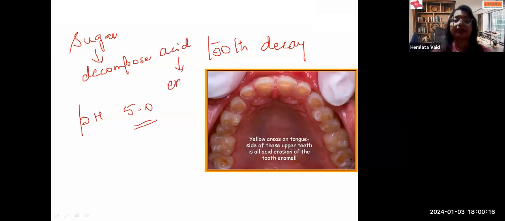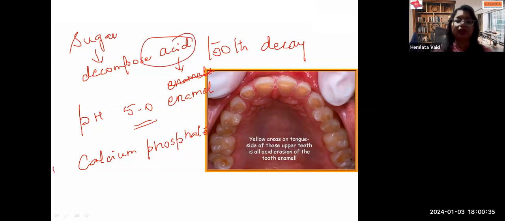This acid damages the enamel of the teeth. Enamel contains calcium phosphate. This is a protective layer on the teeth, but these acids will corrode the protective layer. So the teeth develop cavities in it, right?